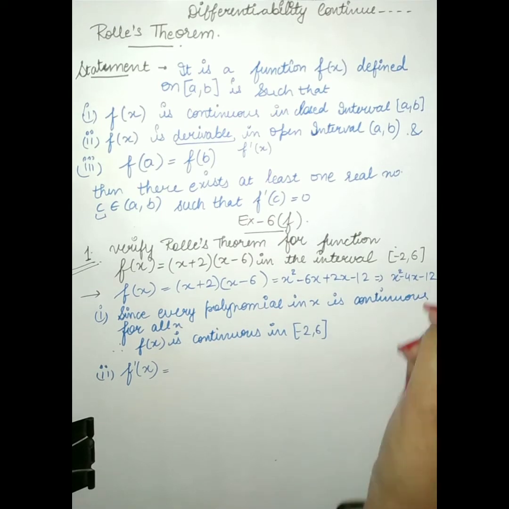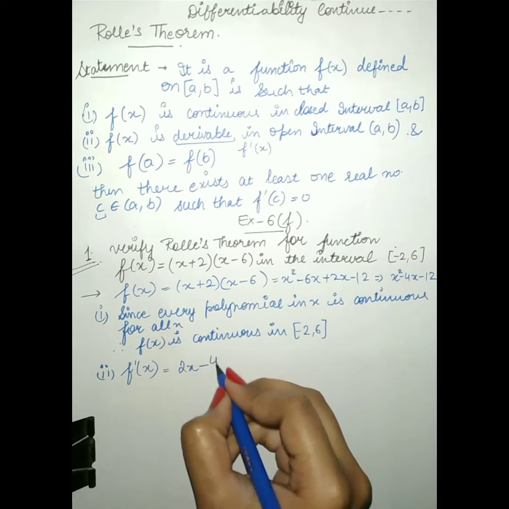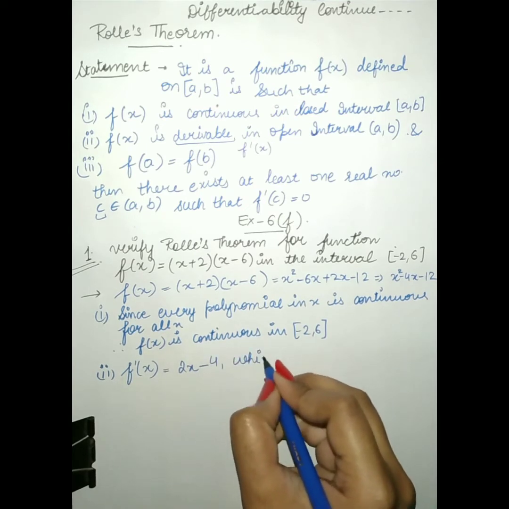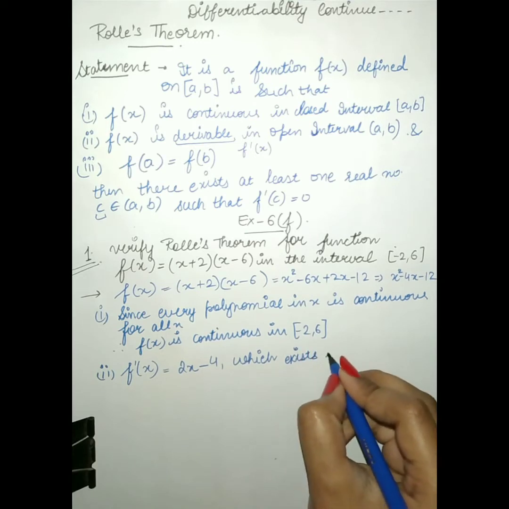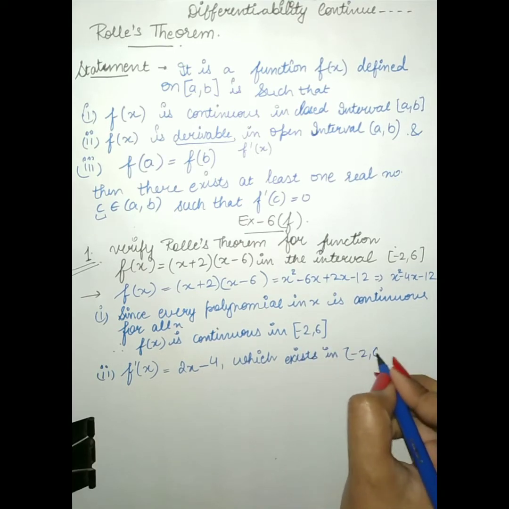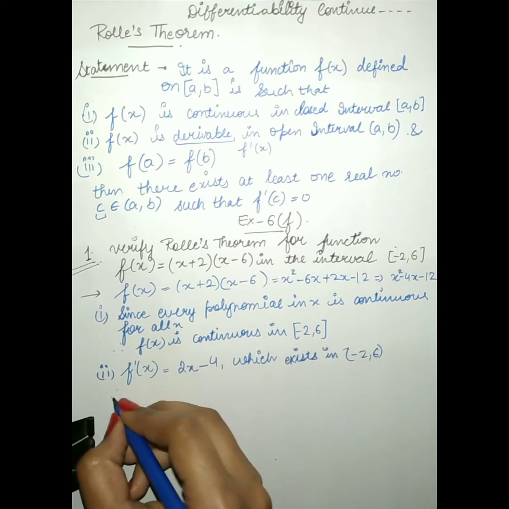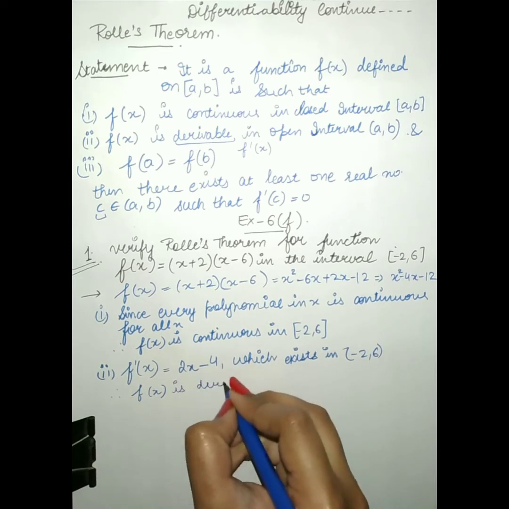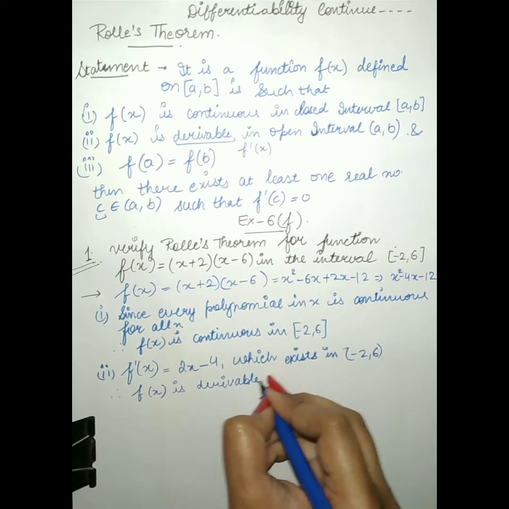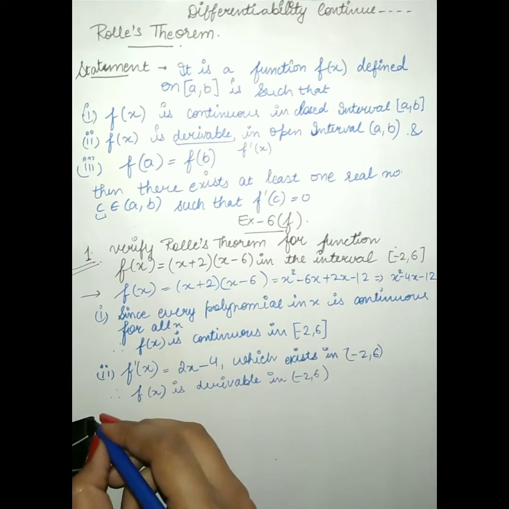So the derivative of this will become 2x minus 4, which exists in open interval -2, 6. So therefore f of x is derivable in -2, 6.